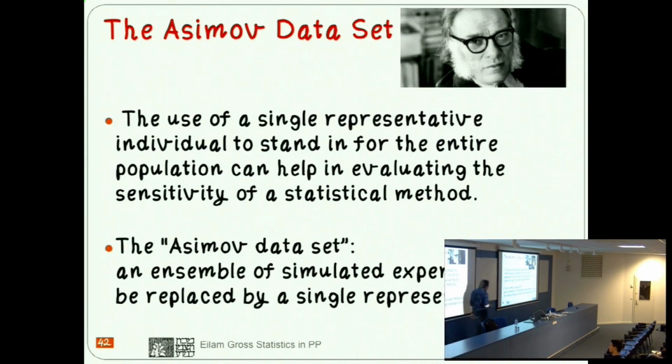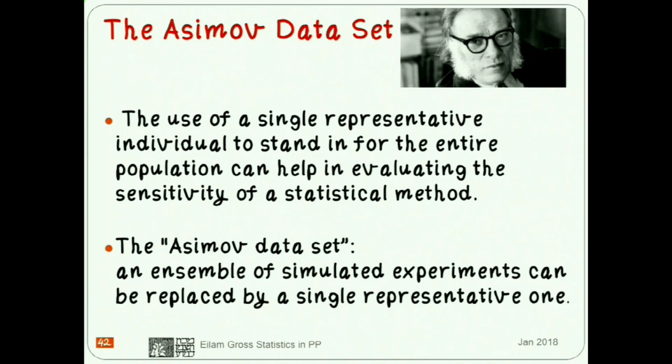So this reference voter is the Asimov data set. We use a single representative individual to stand in for the entire population. And this will help us to evaluate the sensitivity of a statistical method.